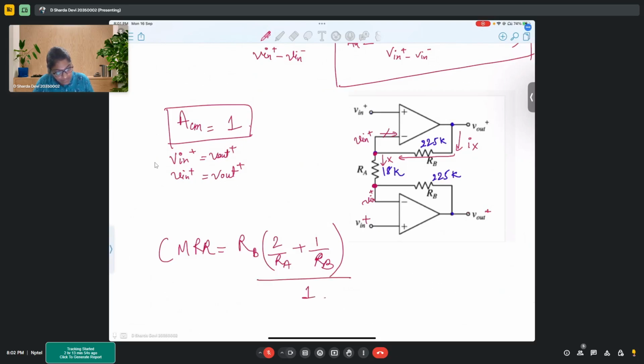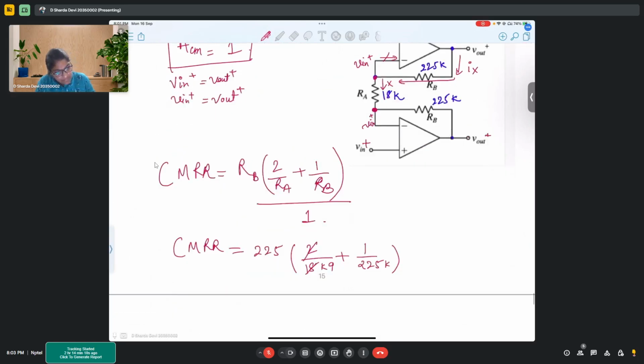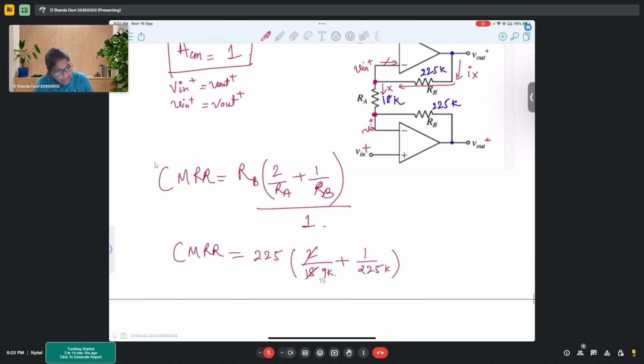So from here we can simply substitute the values. Rb is 225, 2 upon 18K plus 1 upon 225K. So this becomes 9K.